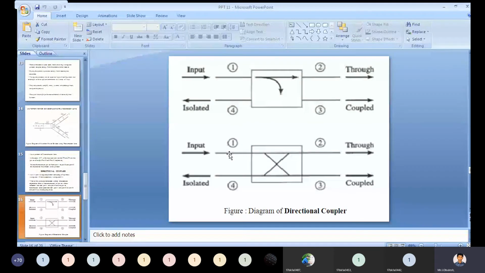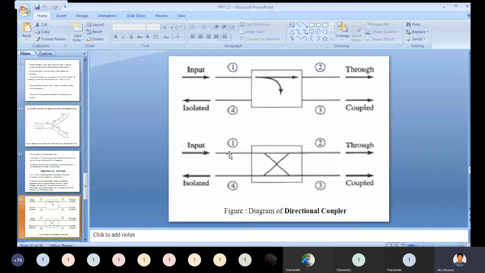So in the ideal case, the directivity is infinity. That is, the power at port 3 is 0 because port 2 and port 4 are perfectly matched.